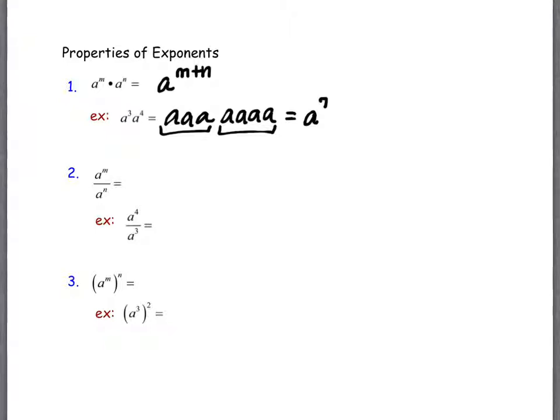Okay. Next one. This one's supposed to be division, yes? I'm sorry, it's supposed to be subtraction, yes, from the division. Okay, so we're going to do the same thing. Y'all already told me that a to the 4th is 4 A's, and a to the 3rd has 3 of those guys there. So then what do we do? You reduce, yes? We're able to reduce.